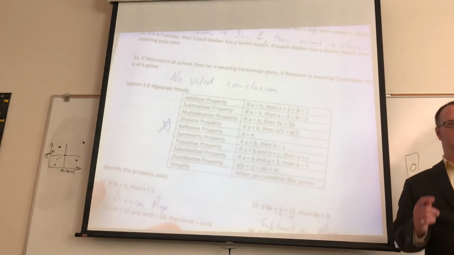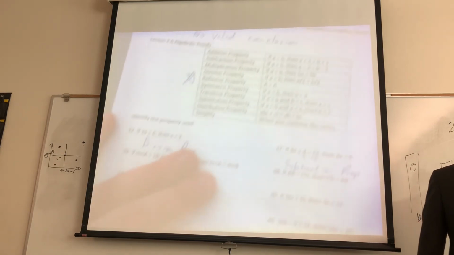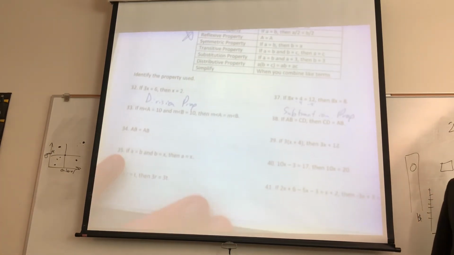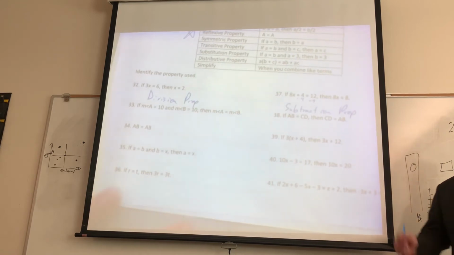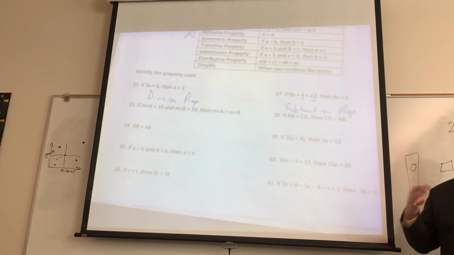Now, I haven't sat there and gone over the test with a fine-tooth comb. So if there is a problem like this, and it's multiple choice, and it has options on there for both substitution and transitive, I'm going to count both of them. You don't have to choose both of them, but I count either one.